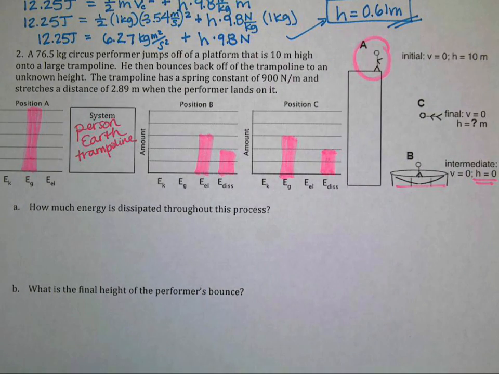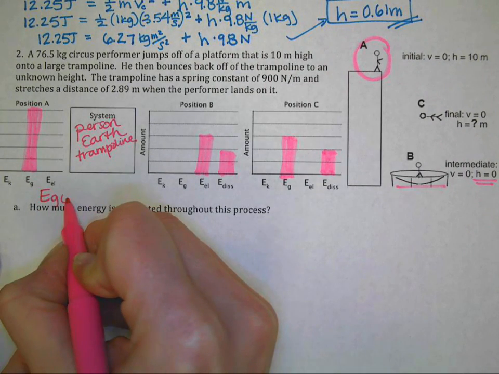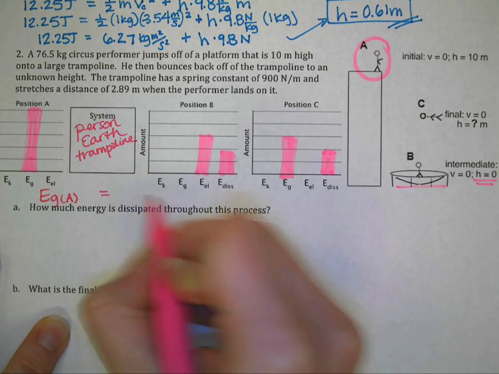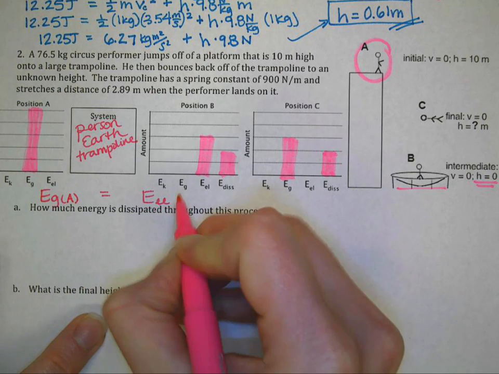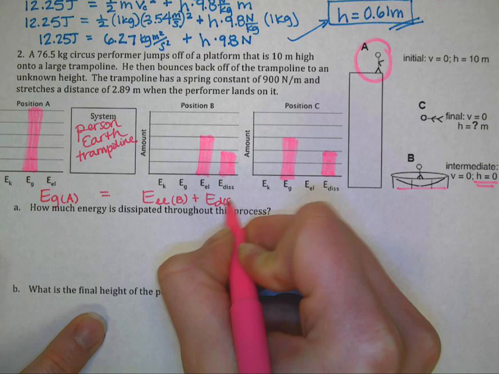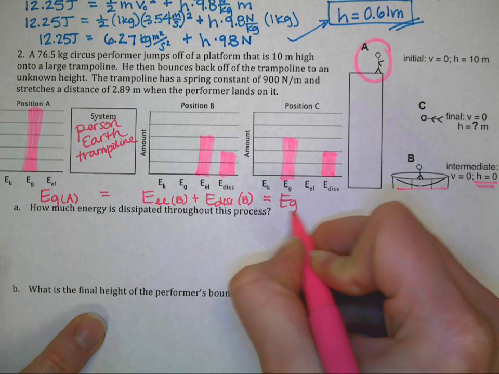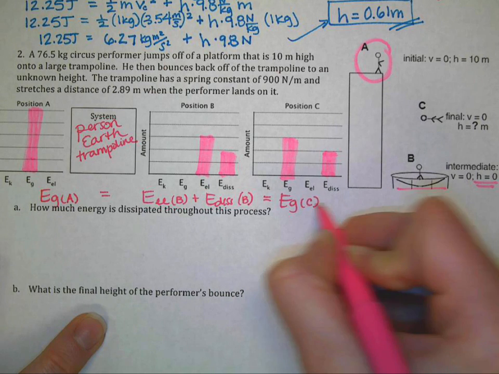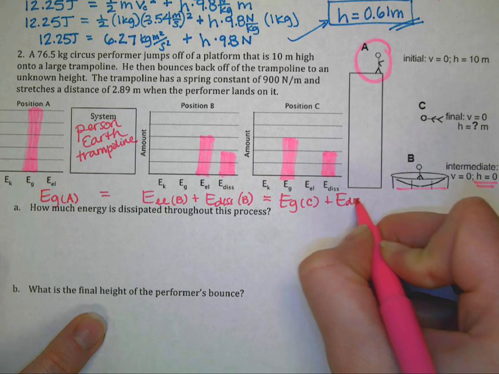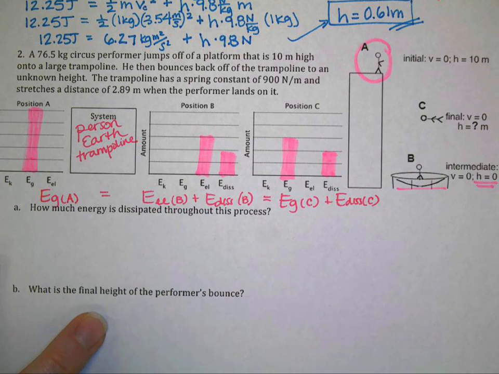So looking at this, we can say that EG at position A is equal to EEL at position B plus E dissipated at position B, which is equal to EG at position C plus E dissipated, and that's really at position B or C for our purposes.